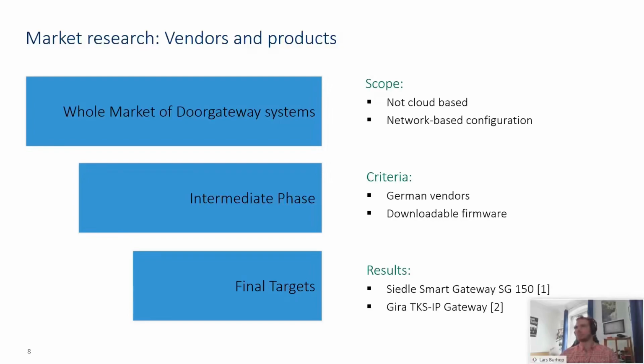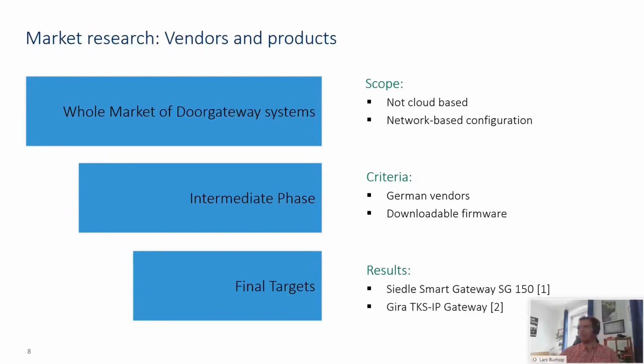And from there we looked around and searched for downloadable firmware, so we don't have a huge upfront cost without any knowledge whether it will go somewhere, but have at least some indices whether our research is gonna pay off or not before we actually invest heavy money into gadgets. Which led us to the final results of the Ziele Smart Gateway SG150 and the TKS IP Gateway.